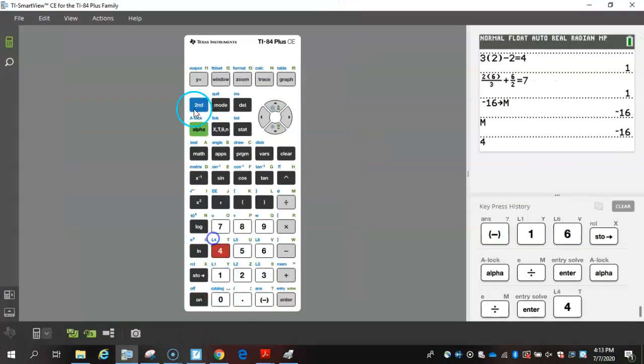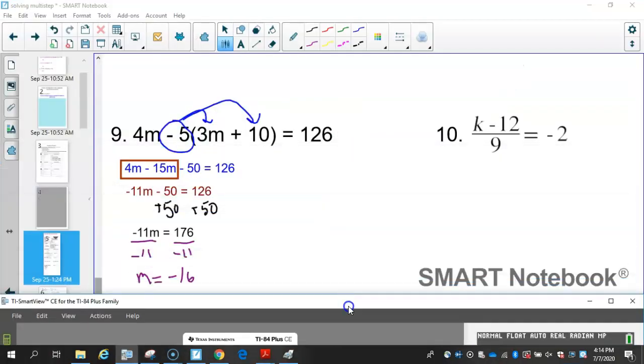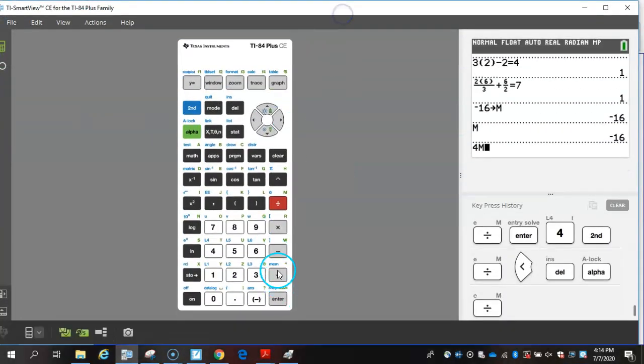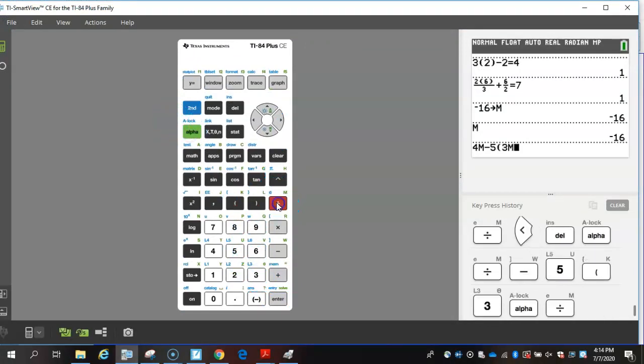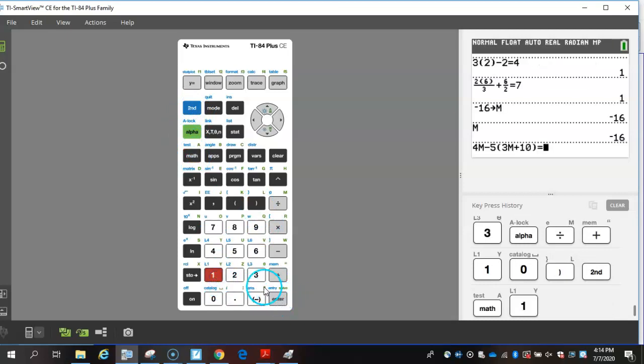So for m, minus 5, then in parentheses, 3m plus 10 equals 126.